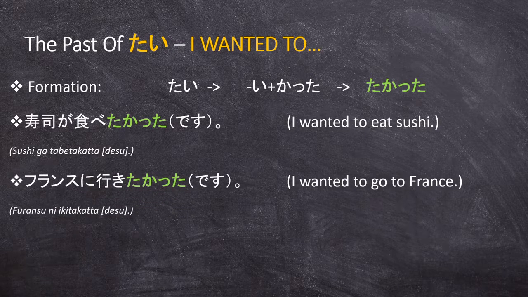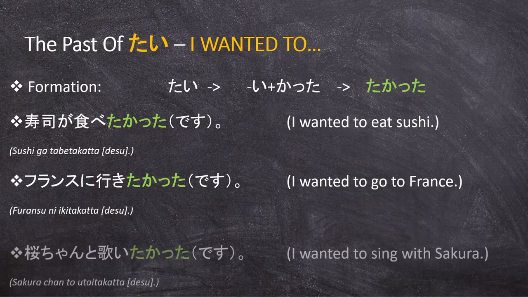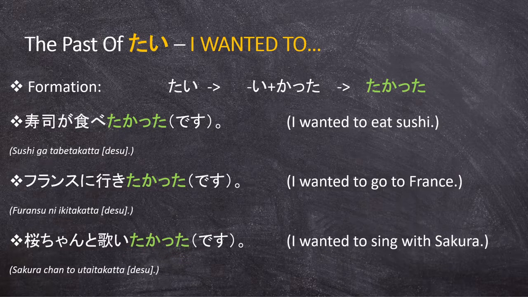Fransu ni ikitakatta desu. I wanted to go to France. And finally, Sakura-chan to utaitakatta desu. I wanted to sing with Sakura. So once again here, tai is the one that is getting changed, and it became takatta here. So when you want to say the past of tai, you should always use takatta.